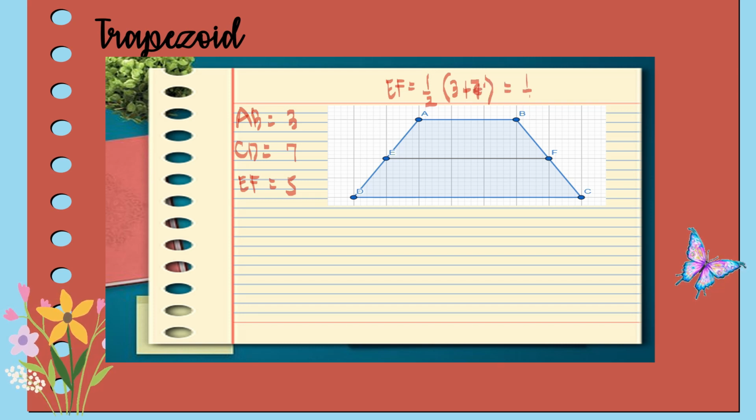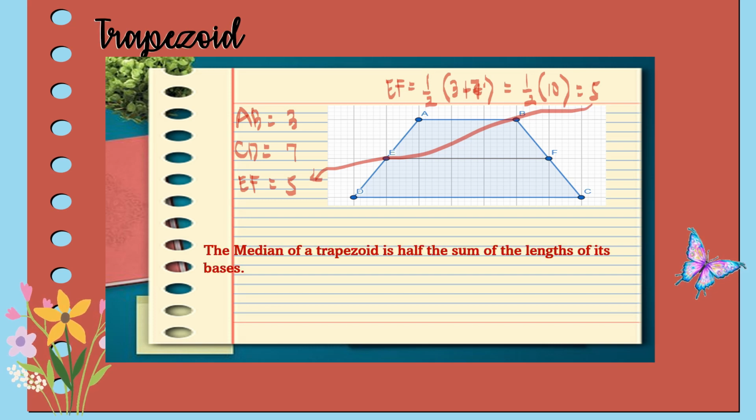So that is 1/2, 3 plus 7 is 10, and 1/2 of 10 is 5 units, which is the same as this. So we can say that the median of a trapezoid is half the sum of the lengths of its bases, or that is EF is equal to 1/2 the sum of AB and CD.